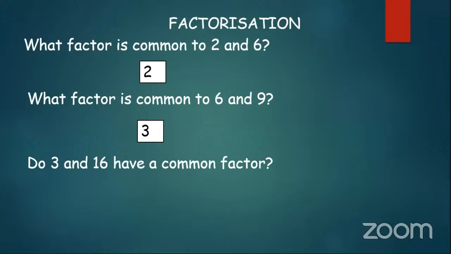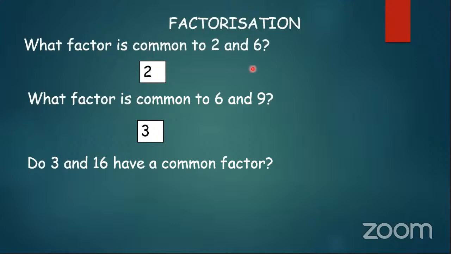Our answer is yes or no. So we can tick where we see the tick. If you think 3 and 16 have a common factor, you tick. No, we don't tick. Okay, it is a no.